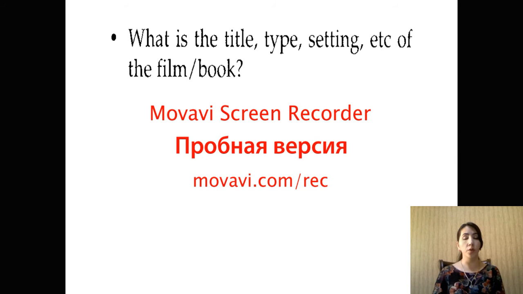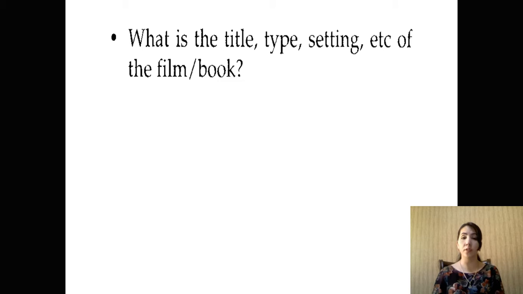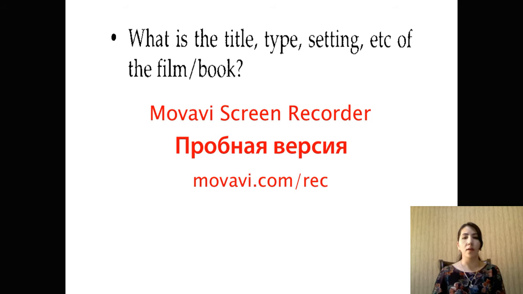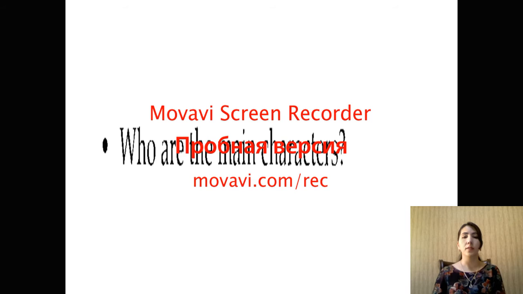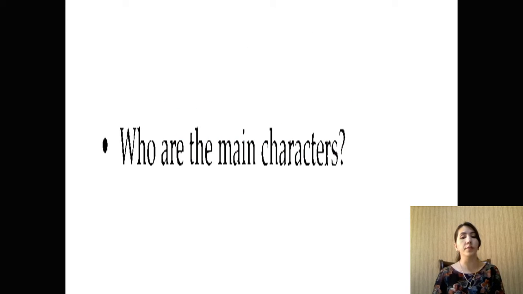Before writing a review, you should take into consideration the following questions. The first one, what is the title, type, setting of the film or a book? The second, who are the main characters?